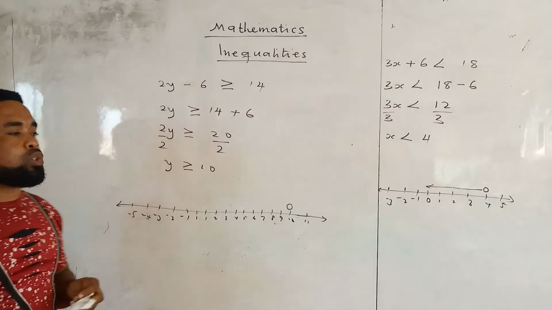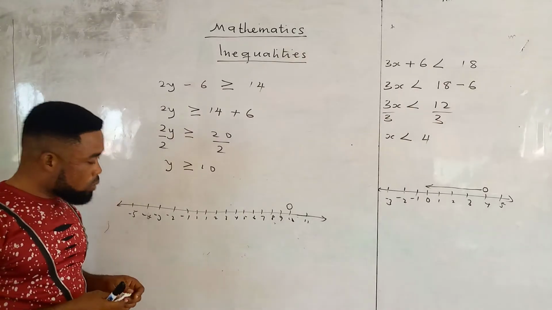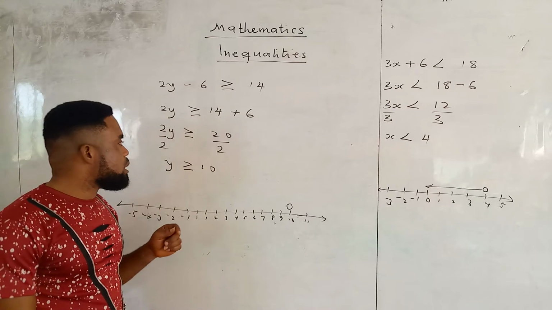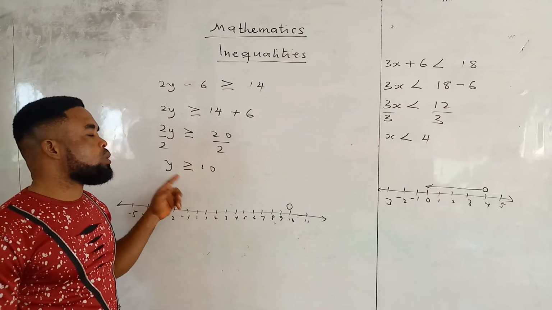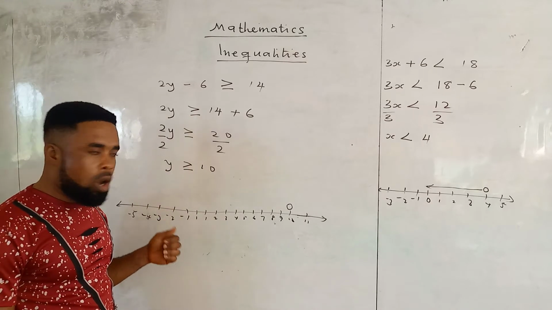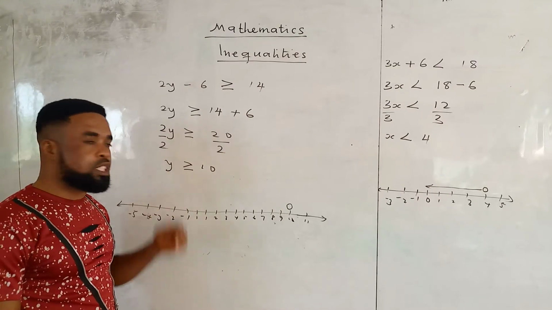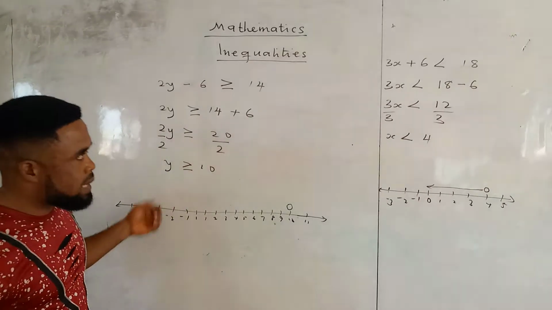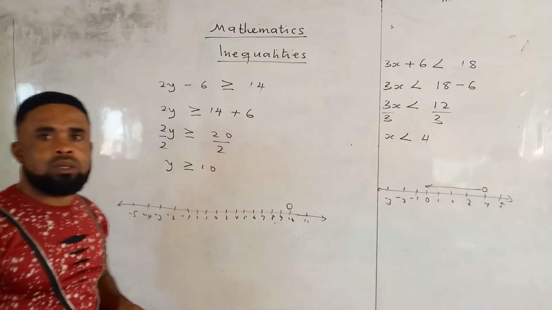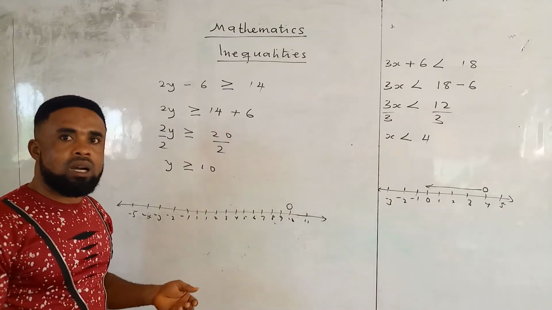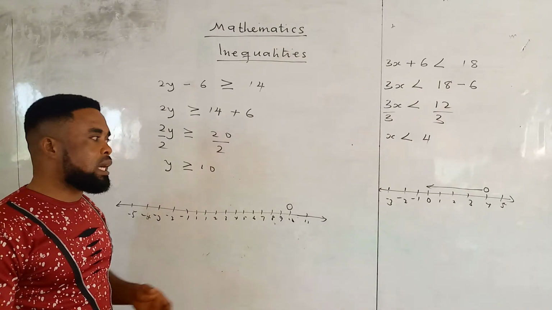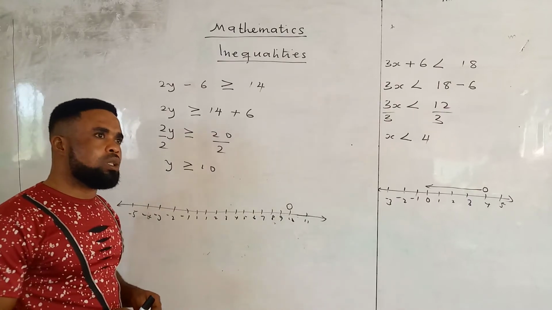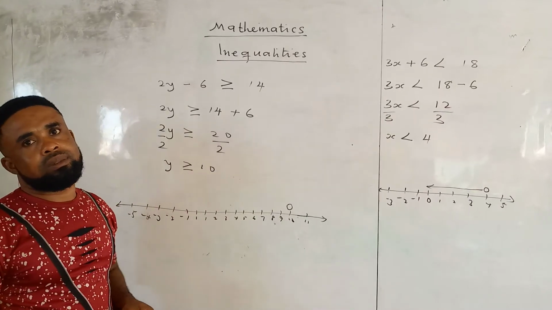Now, one thing you should know is that whenever it is less or equal to, or greater or equal to, in this problem I want to ask, do we have a number which is greater or equal to 10?